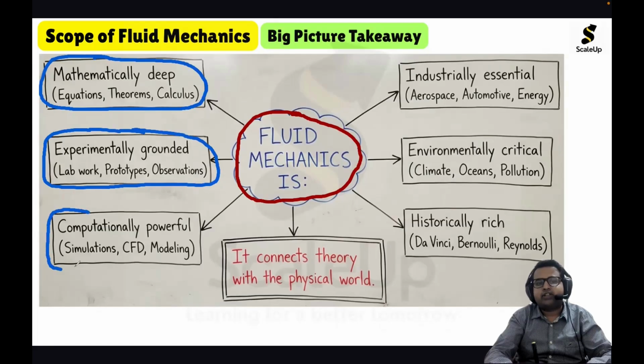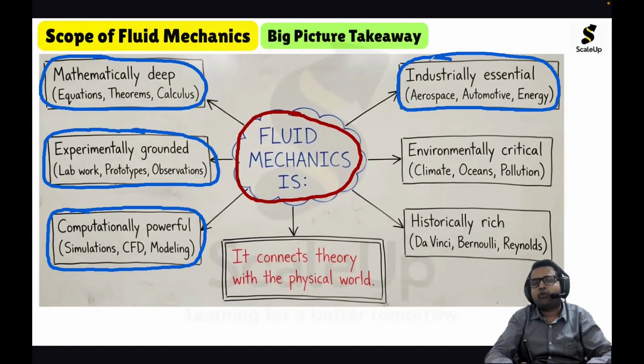It is computationally powerful: simulations, computational fluid dynamics, modeling. It is industrially essential because we already saw its scope in aerospace, automotive engineering, the energy sector, power generating sectors, oceanography, meteorology, hydrodynamics, and so on.